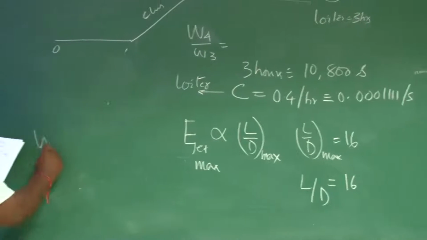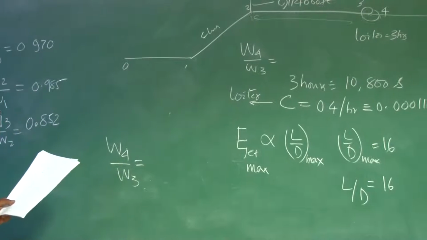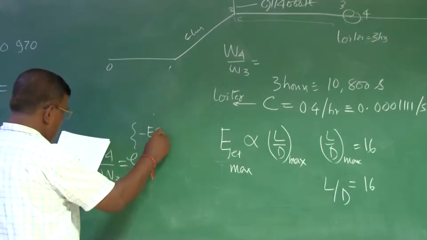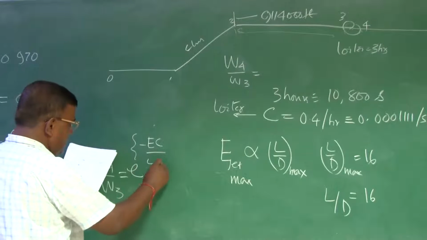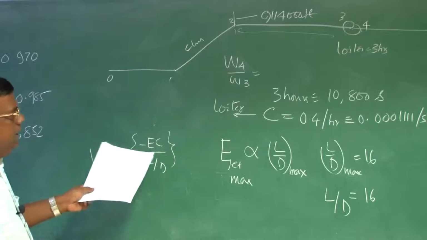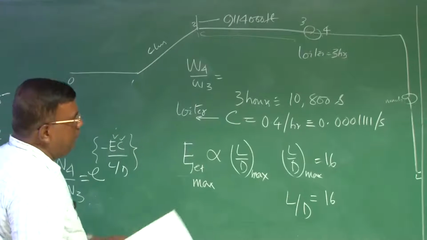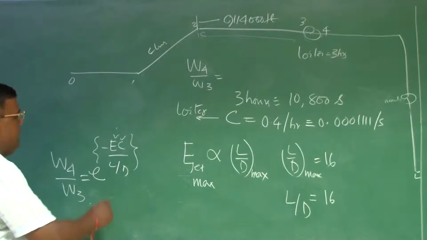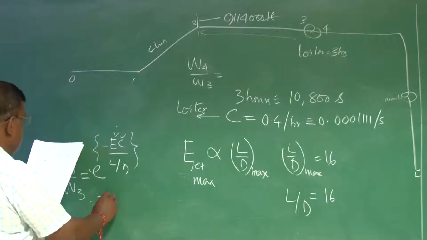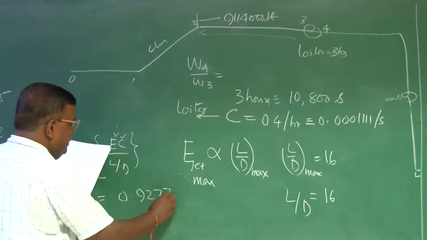And then W4 by W3, if you see that expression and take the inverse, you will get this equal to e to the power minus EC by L by D. And you put the value of E in seconds, 10800 seconds, C 0.000111 per second, L by D as 16. This value will come out to be 0.9277.